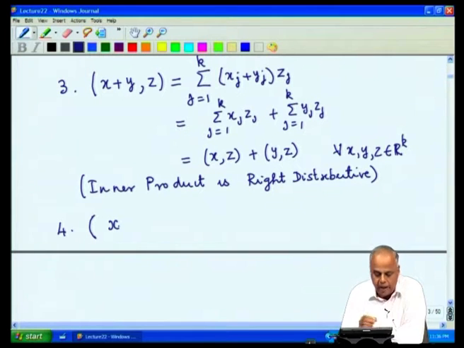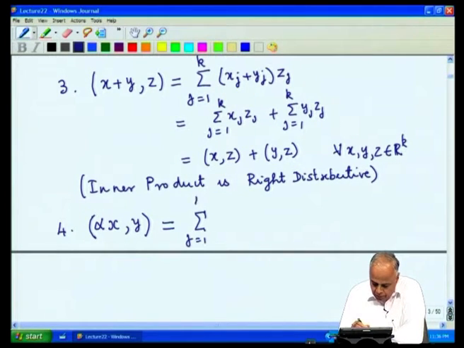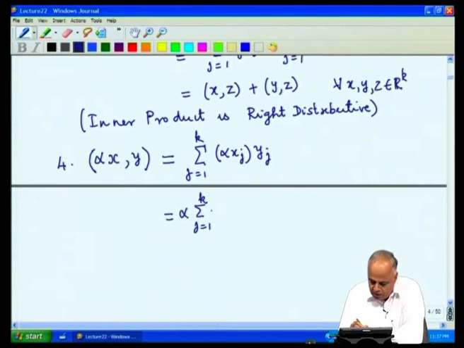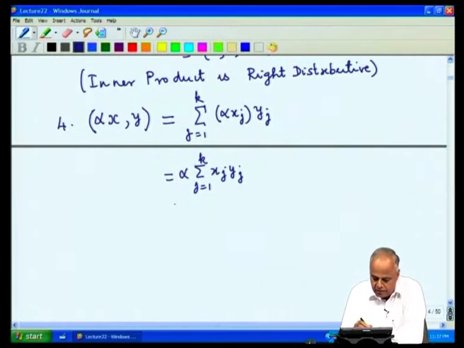So, we take a vector x and we take a scalar alpha and then take its inner product with a vector y. What is this equal to? The components of alpha x are alpha x j and this is to be multiplied with the components y j, and this is the same as summation j equal to 1 to k, alpha can be pulled out of the summation, x j y j, and the summation is nothing but x comma y.